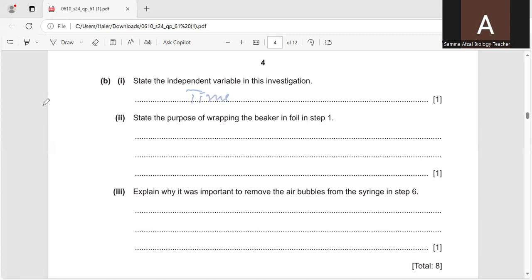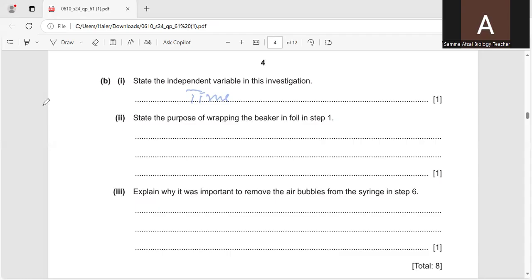So we will write over here time. Now the next question is, state the purpose of wrapping the beaker. As you know, if we wrap the beaker, it will reduce the heat loss. So it was the basic purpose.